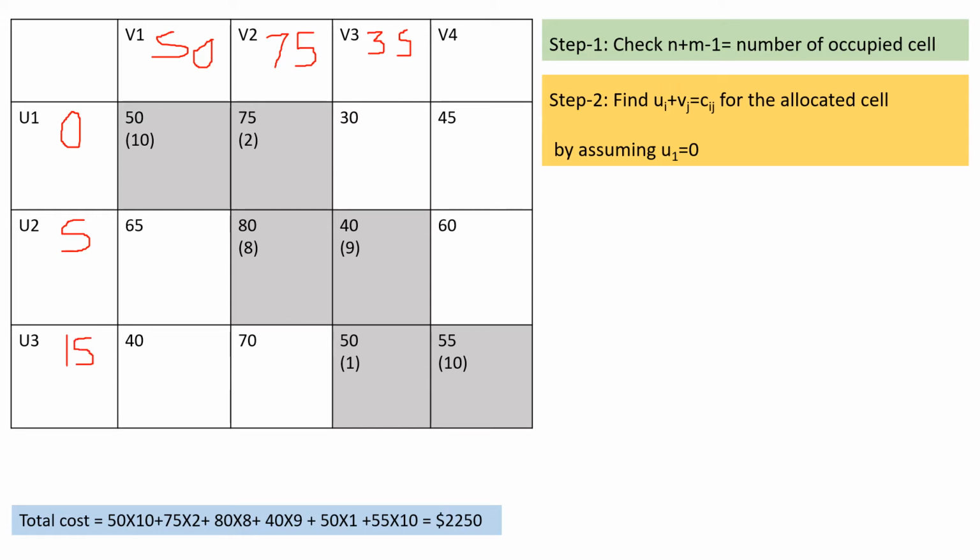And U3, that is 15, plus V4 equals 55, so V4 becomes 40.